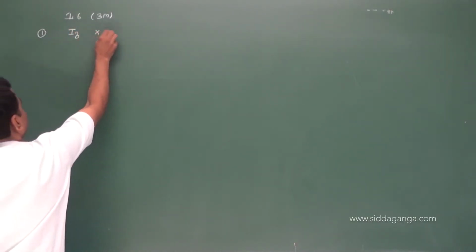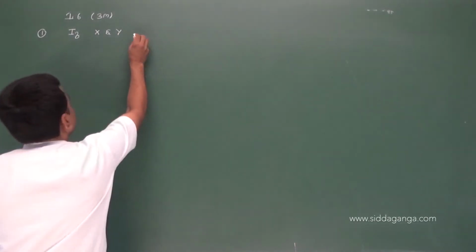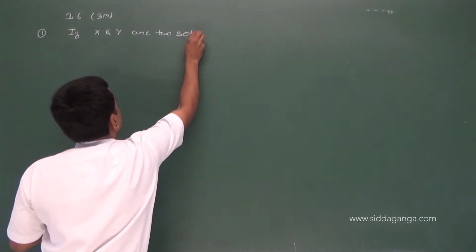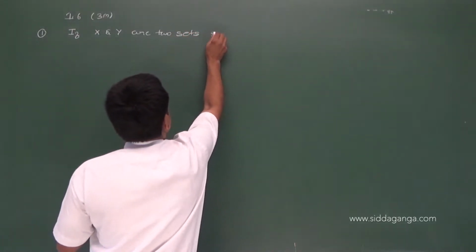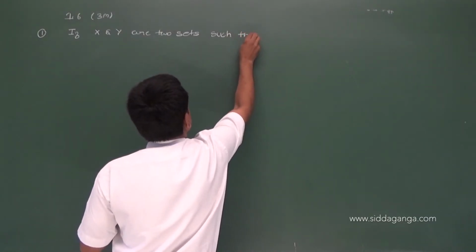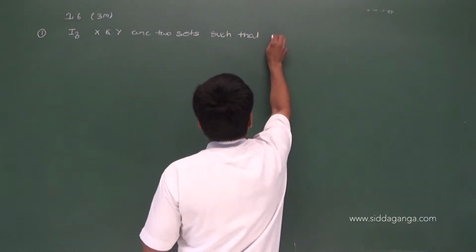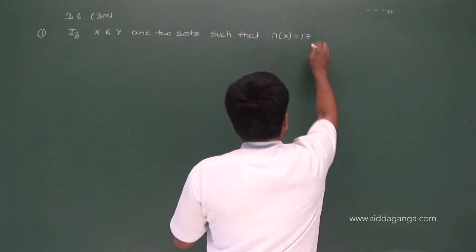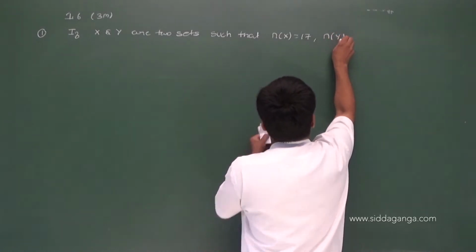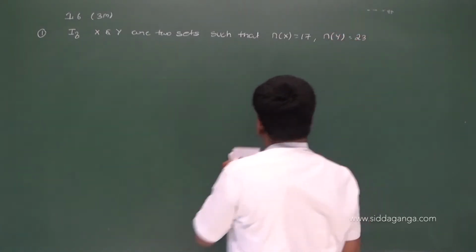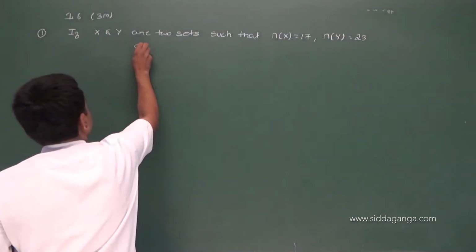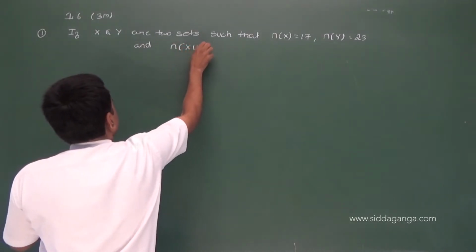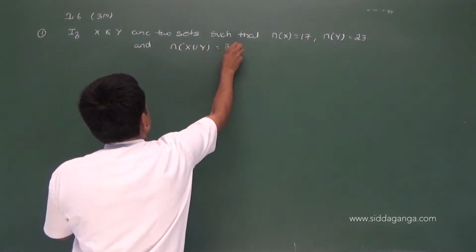If X and Y are two sets such that n of X is equal to 17, n of Y is equal to 23, and n of X union Y is equal to 38.